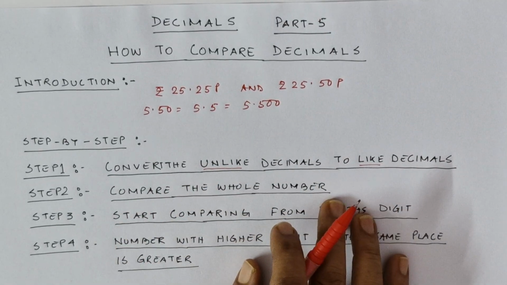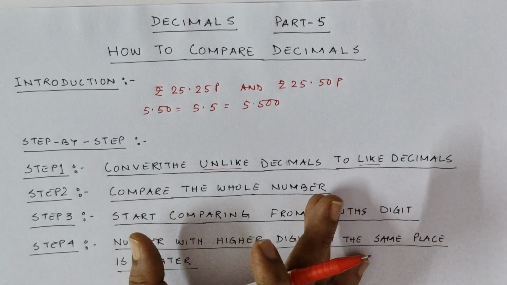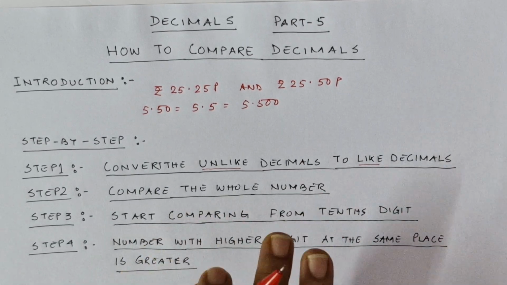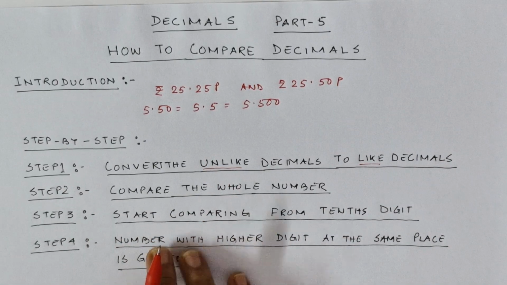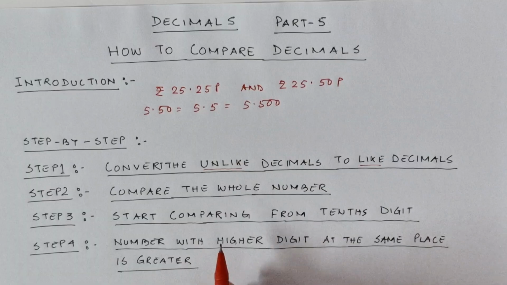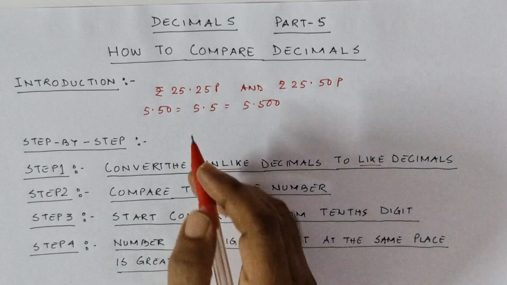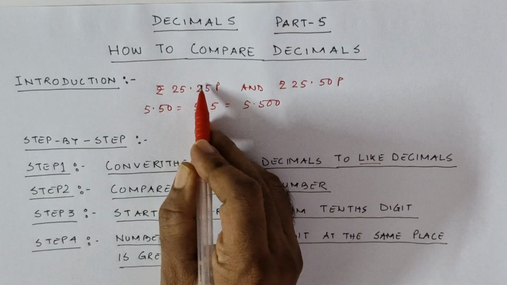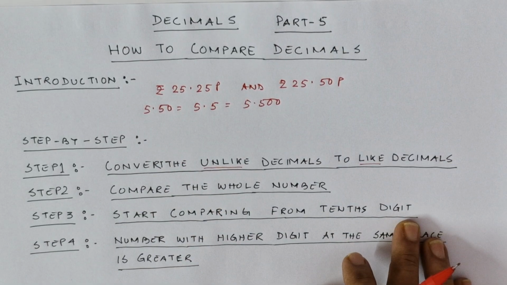Next, obviously, compare the whole numbers first. If the whole number portion is the same for both numbers, then go to step 3: start comparing from the tenths digits, that is, after the decimal point.